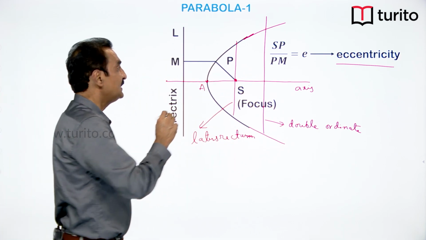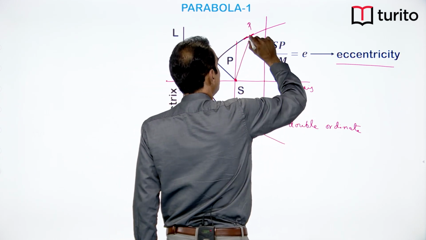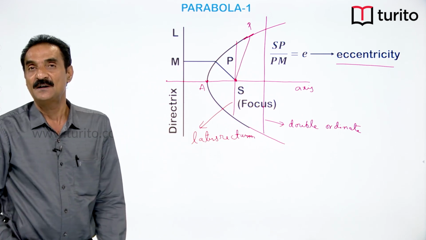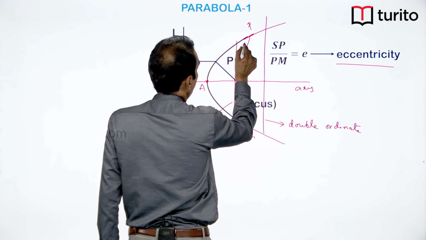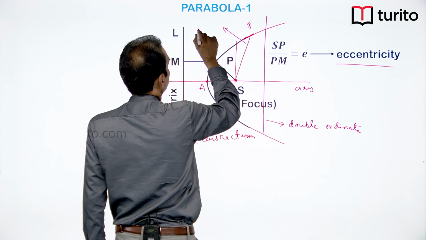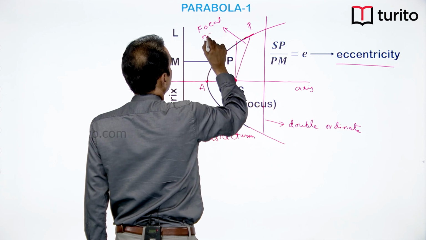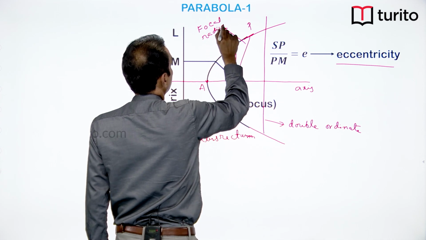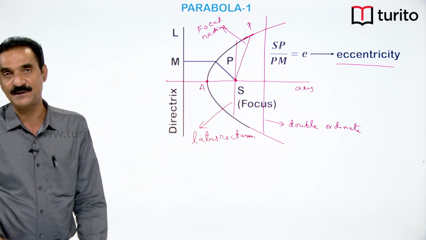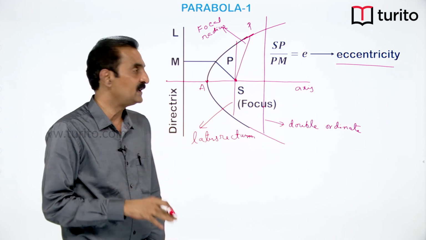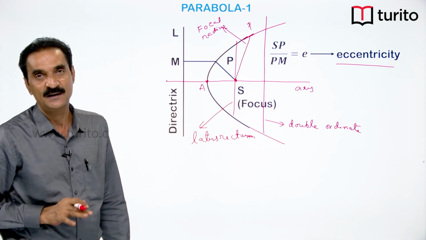Next, if you join any point P on the conic and the focus, then SP is called focal distance or focal radius. You need to remember all this terminology. In further classes, we will directly use all these terms in theory and problems.